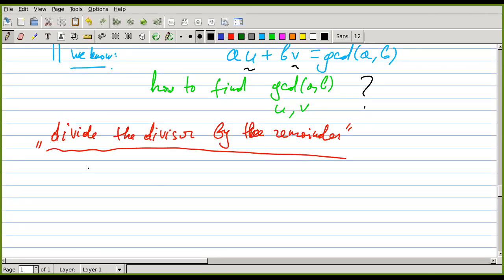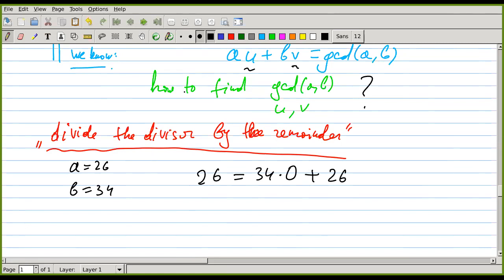Let's try it. Assume that we have 26 and 34. I want to divide 26 by 34. So please, 26 equals 34 multiplied by something plus the remainder. Give me the partial quotient and the remainder. 0 and 26. 26 is less than 34, so it counts as the remainder.